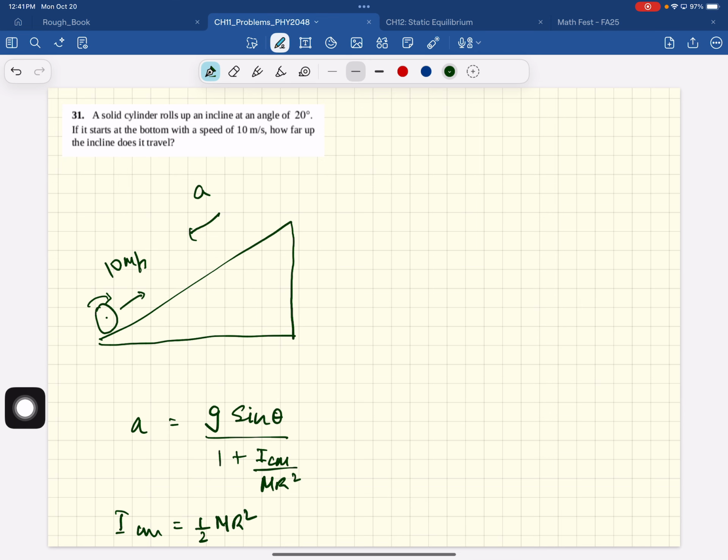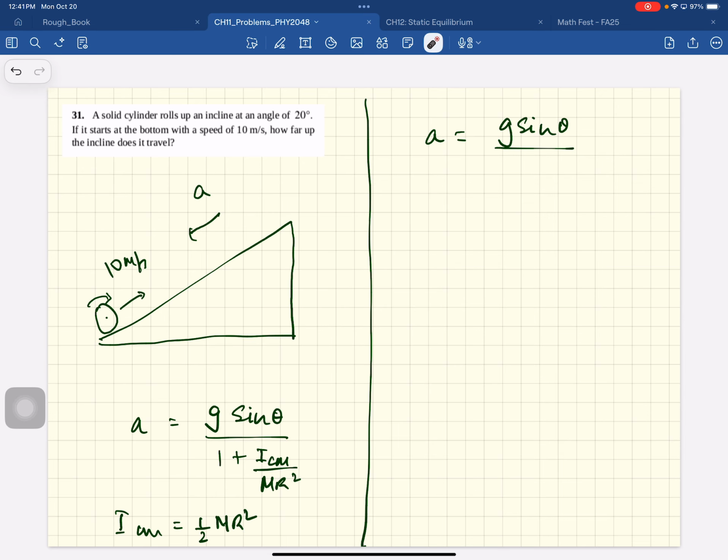So the acceleration is g sine theta, and 1 plus a half is 3/2, so this would be 2/3. Okay, there's the acceleration. So now we want to calculate how far up the incline it travels.